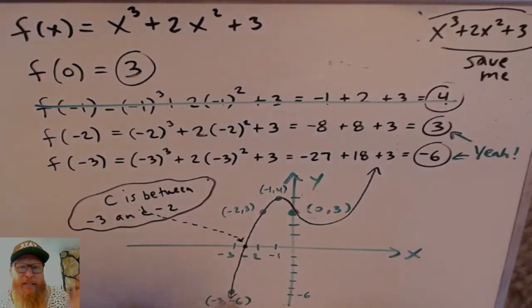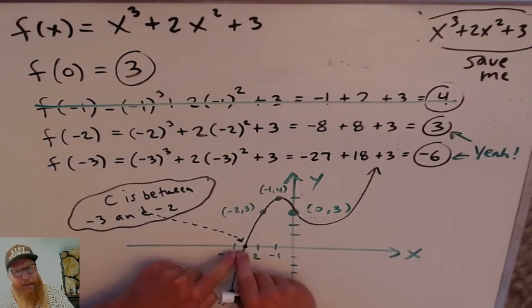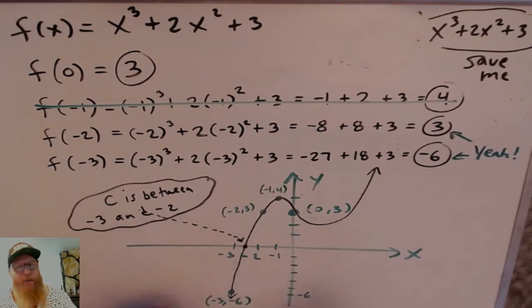The theorem doesn't tell you what C is, it just tells you where it is. I know it's somewhere between negative 3 and negative 2, but I don't know anything other than that.